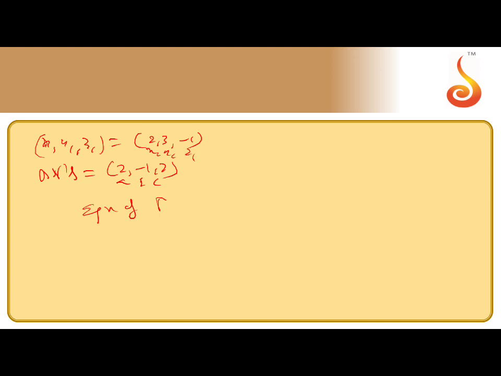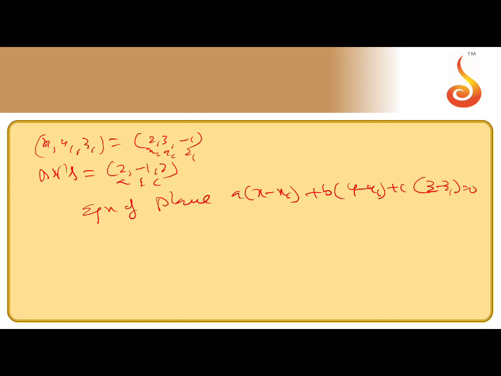So what is the point here? The point will be x1, y1, z1, that is (2, 3, -1), and the DRs will be 2, -1, 2. This is a, b, c. So the equation of the plane is a(x minus x1) plus b(y minus y1) plus c(z minus z1).